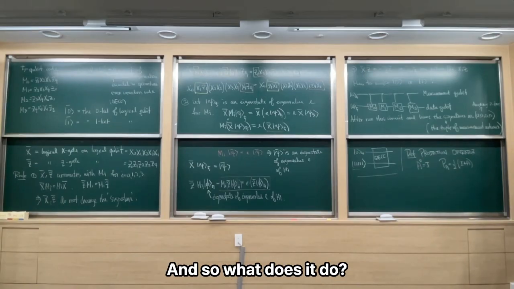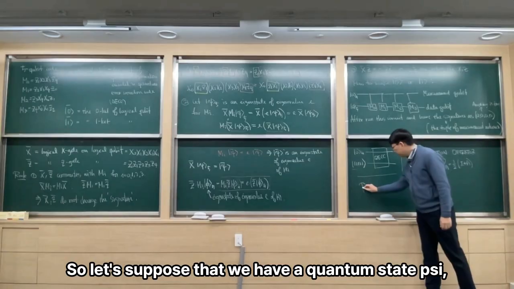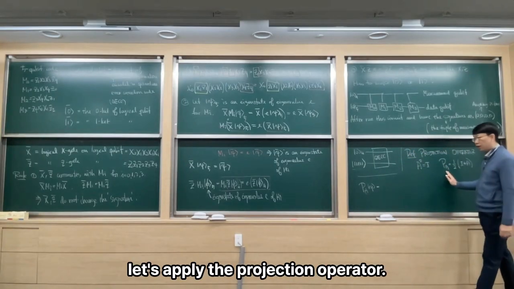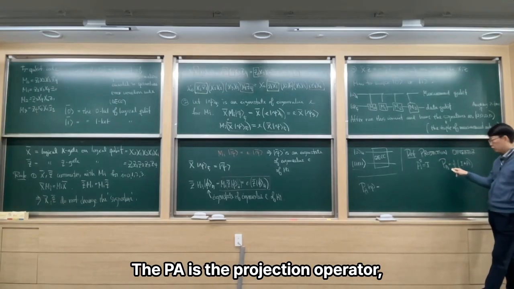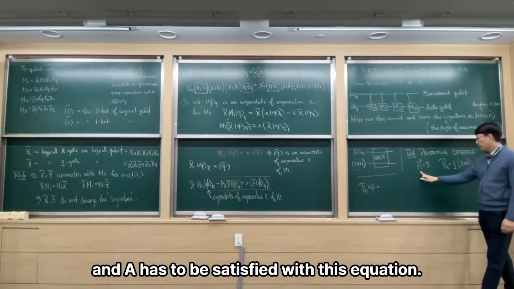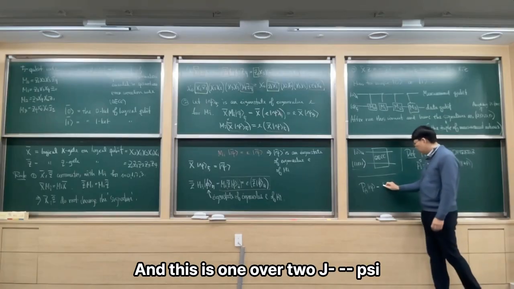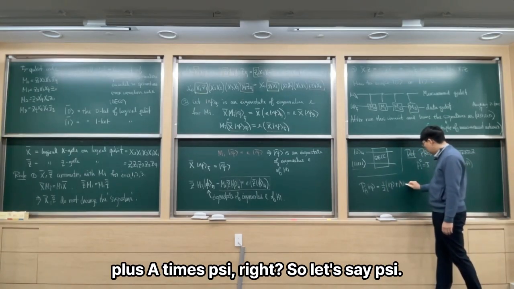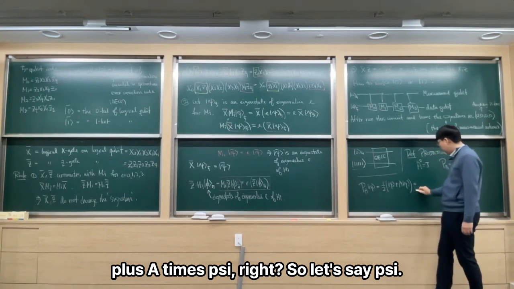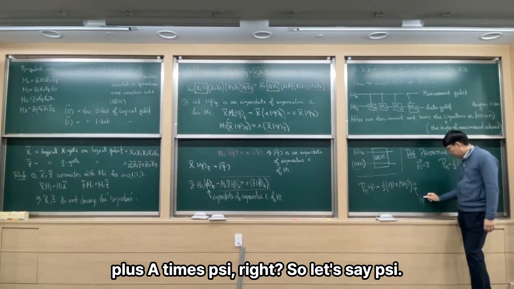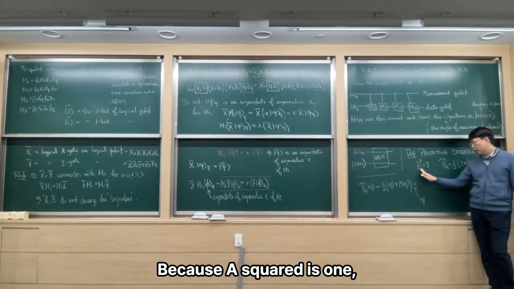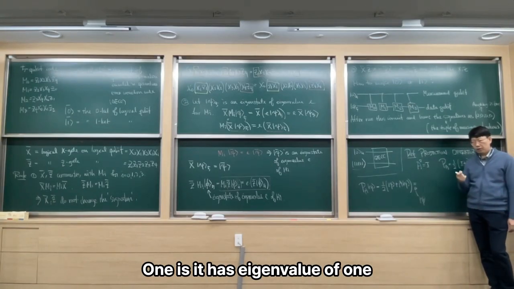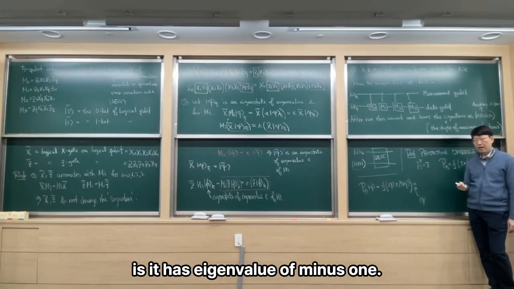So what does it do? Let's suppose that we have a quantum state psi, and let's apply the projection operator. P_A is the projection operator, and A has to satisfy this equation. So this is 1 over 2 times (psi plus A times psi), right? Here is the catch. Because A squared is 1, there are only 2 types of eigenstate. One has eigenvalue of 1, and the other has eigenvalue of -1.